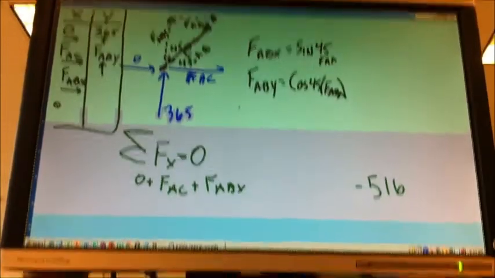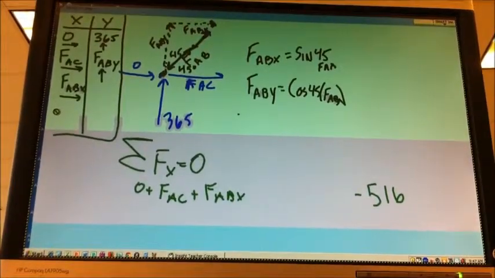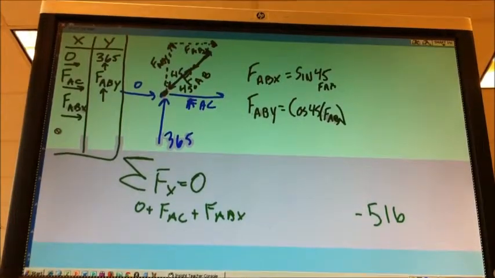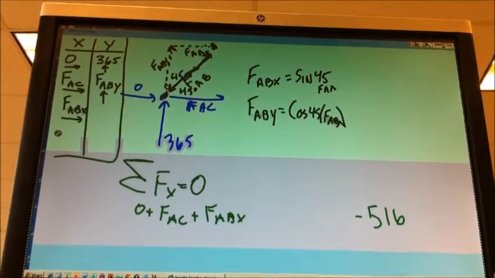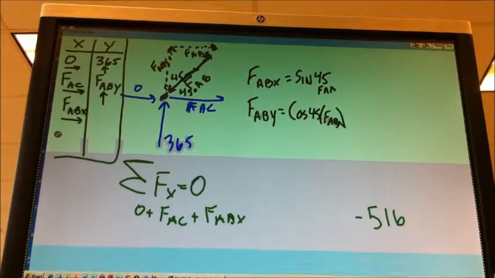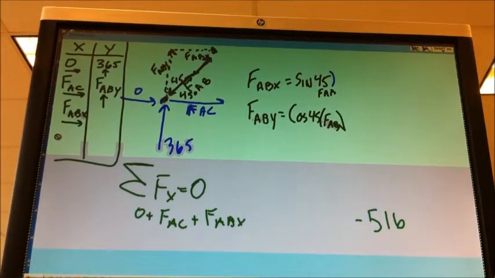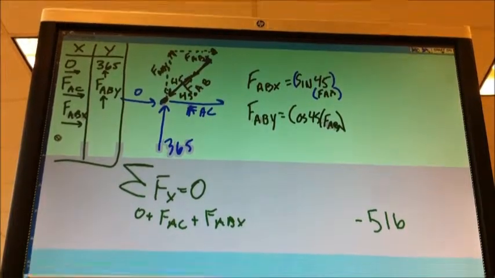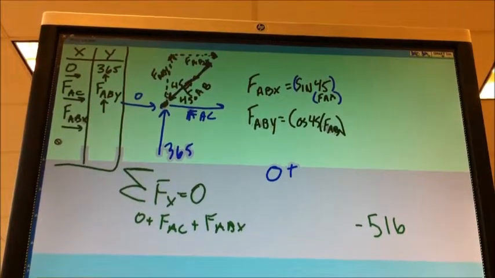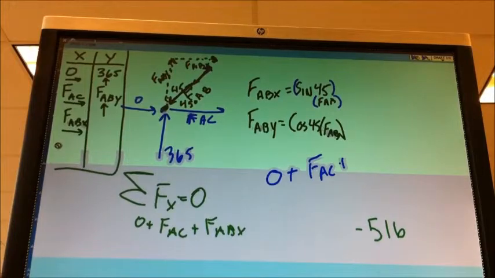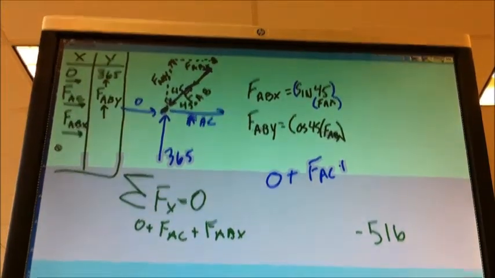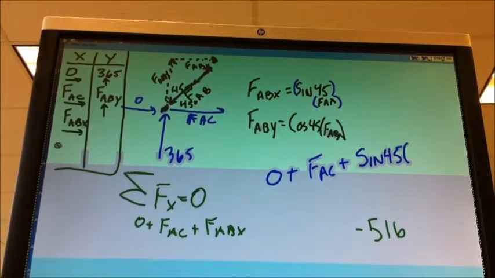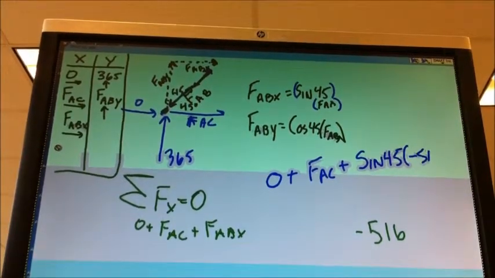So we've got 0 plus FAC, which we'll calculate, plus, in this case, FABX, which is sine 45 times negative 516.